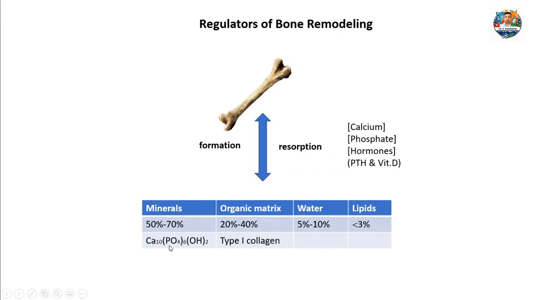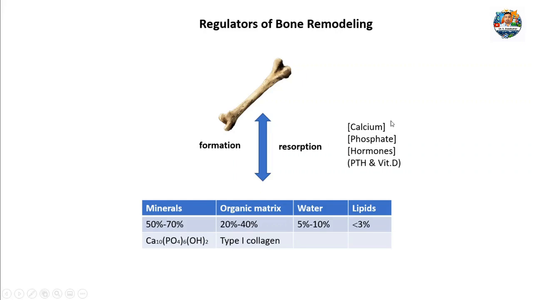So these two ions make up the majority of the bone material. So if bone formation has to undergo, then these two ions have to be there. So bone can be formed from these different components, and bone can be broken down or resorbed, giving these components back.